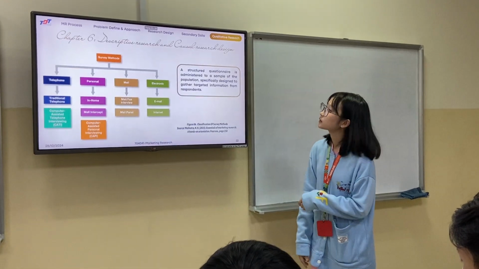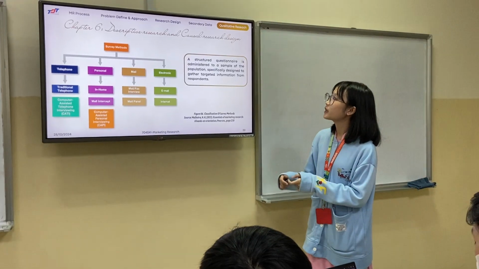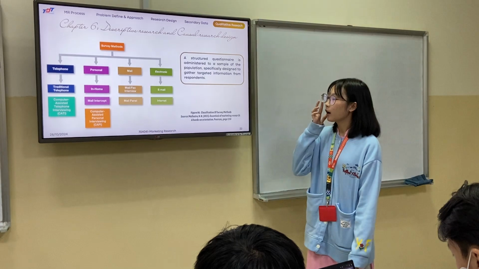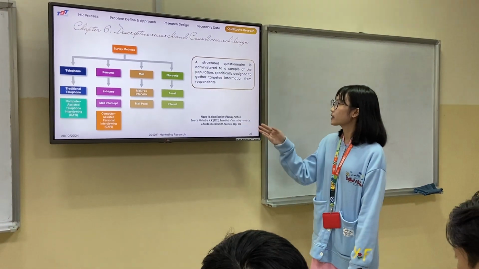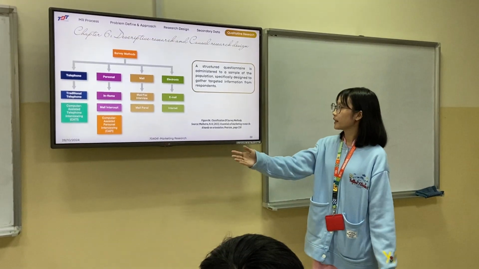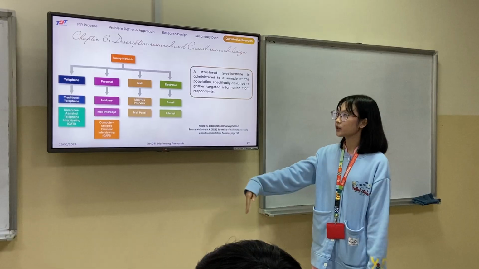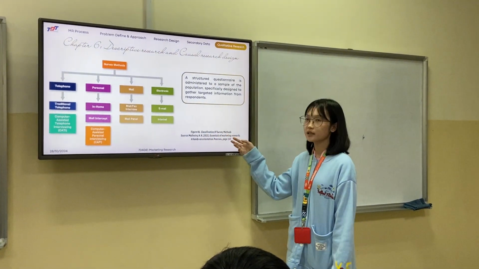Next, please. And in the last chapter 6, it is descriptive research and causal research design. This is a structured questionnaire with a massive sample of the population, specifically designed to gather targeted information from respondents. And this is the last stage of the research method.